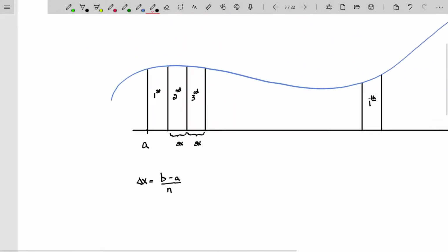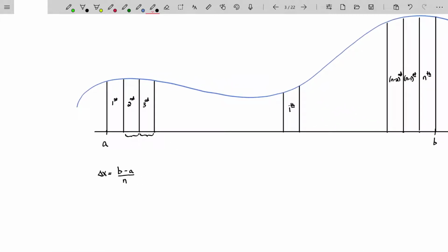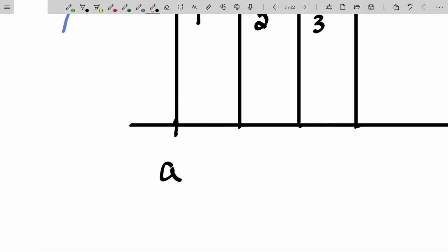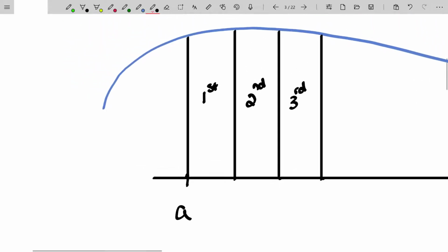There are a couple other things I need to mention here. I'm going to erase that delta x because it's going to get in my way. And the things that I want to mention are how we labeled the edge points of each sub-interval. It all starts with the leftmost edge point of our intervals here. A is defined to be x sub 0. It's our 0th point.